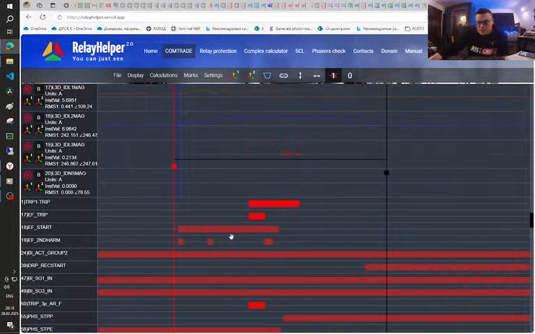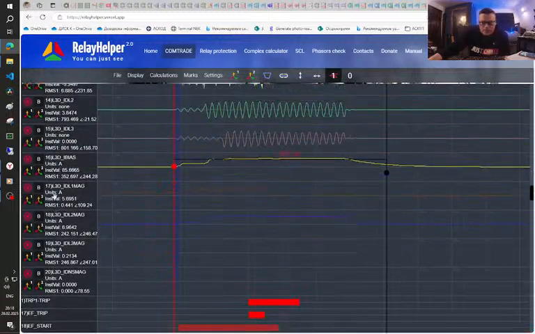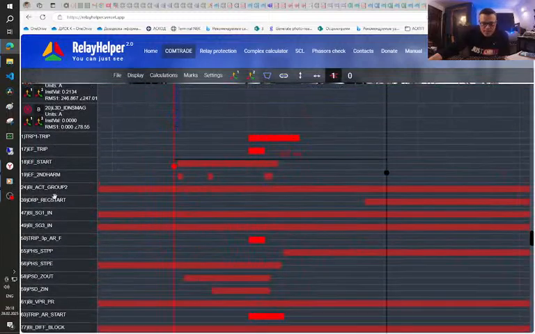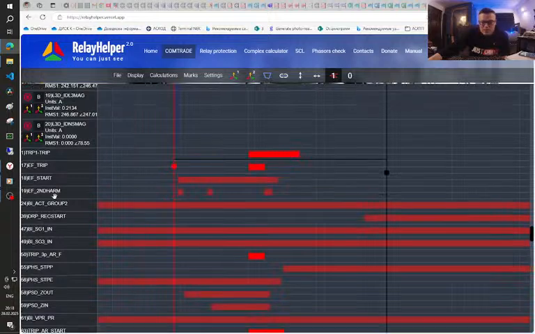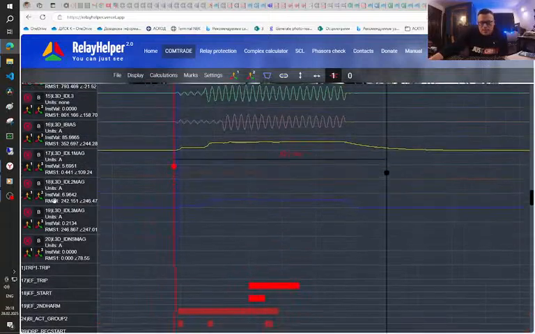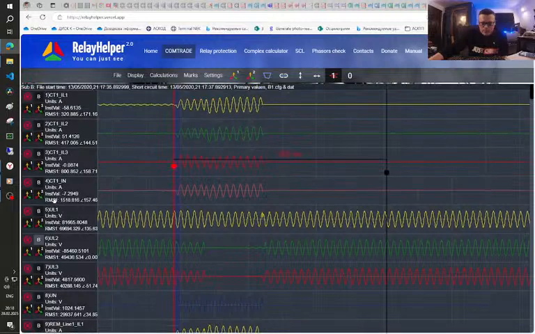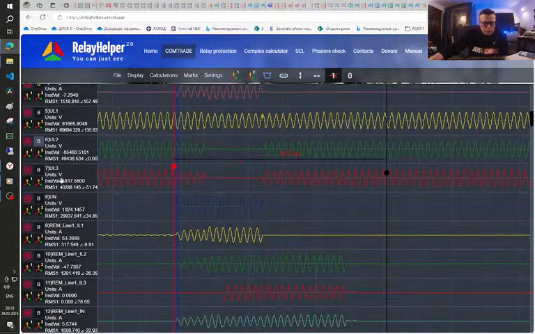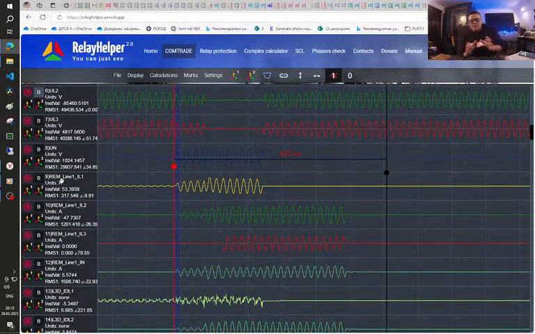What more? I don't like that our settings engineers don't use distance protection for single phase faults, and I believe that in this case we may have a faster clearing time.